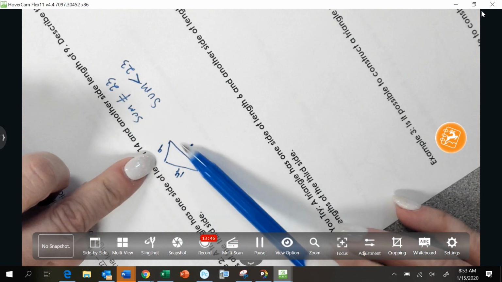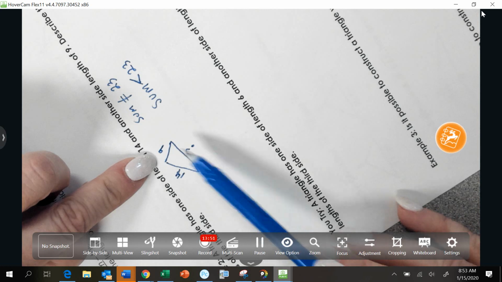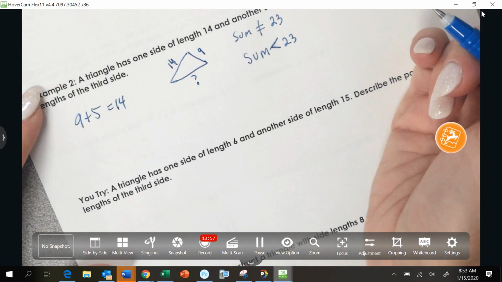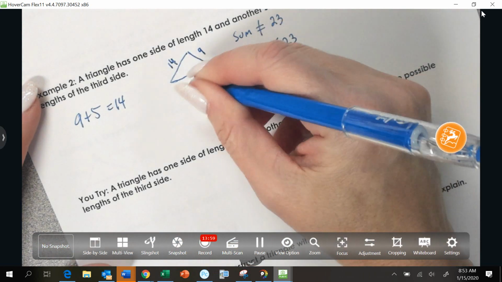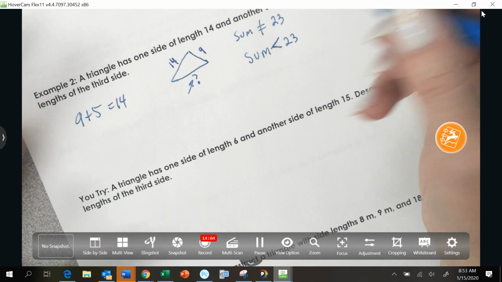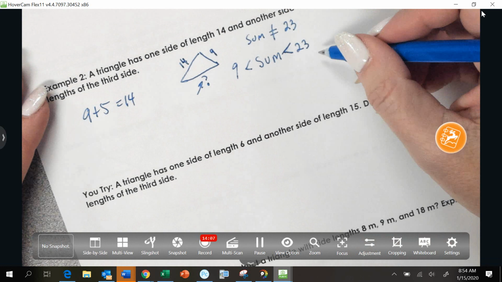So 9 plus 5 equals 14. So this side has to be greater than 5.